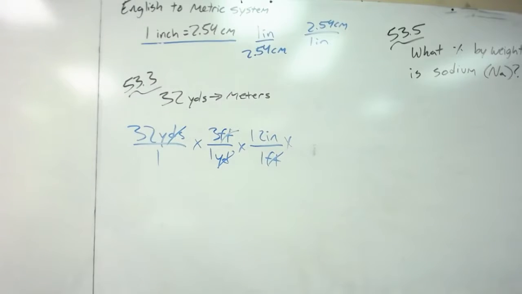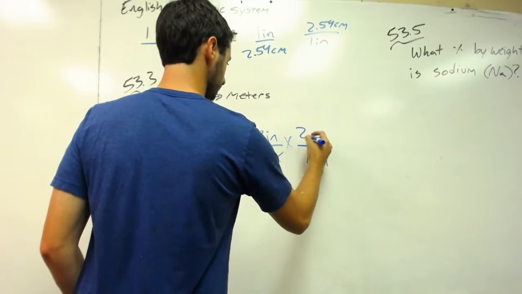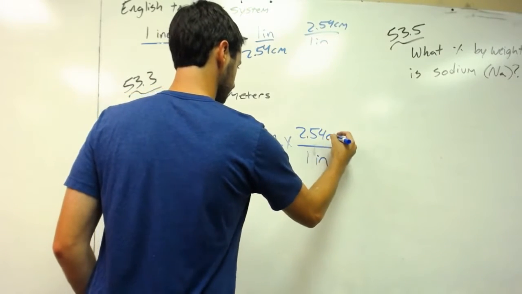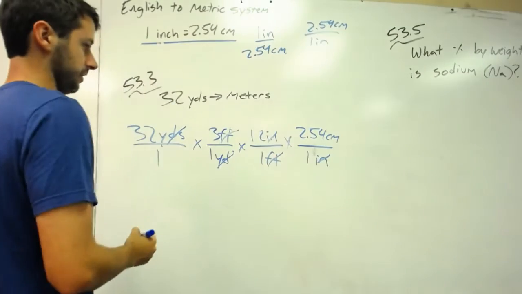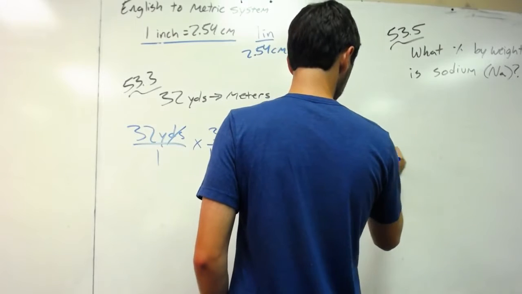Now that we're at inches, we can get to our converter. We can say 1 inch under 2.54 centimeters. So now my inches can cross out. And we know that there's 100 centimeters in 1 meter.